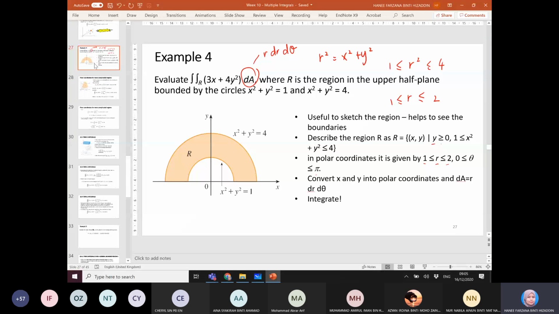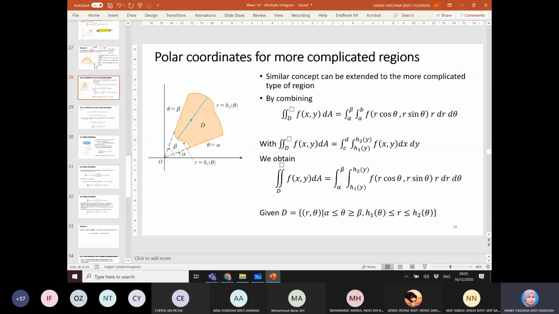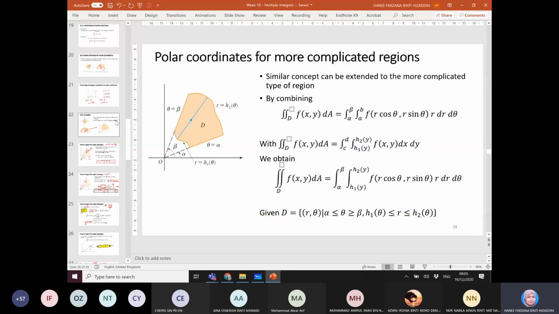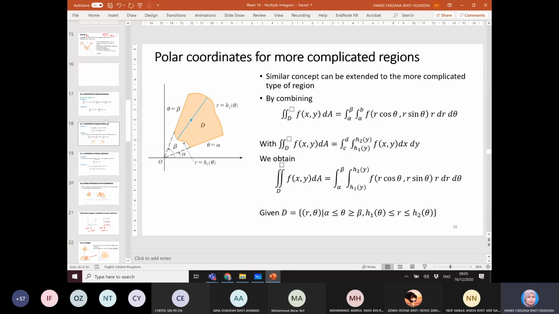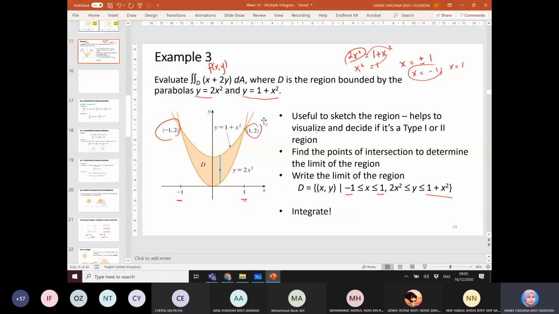Right, I missed this before going to the break. So we did example 4 just now, and we can also apply polar coordinates for more complicated regions, just like what we did previously in rectangular coordinates for a general region D, because we don't necessarily work with a rectangular region, a to b and c to d. We can define the region D in terms of a more general shape.